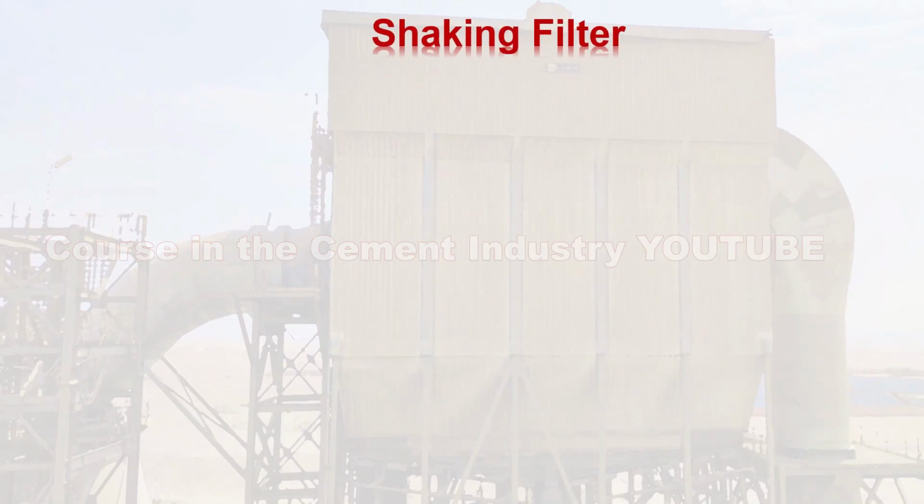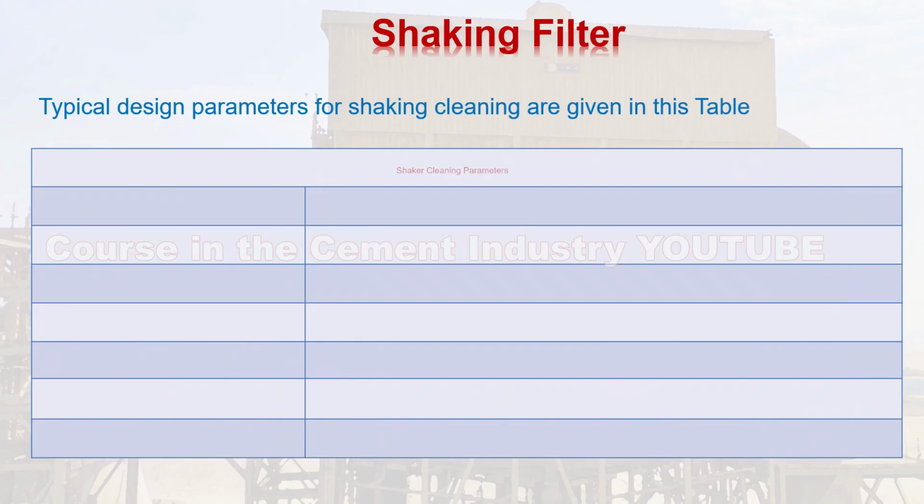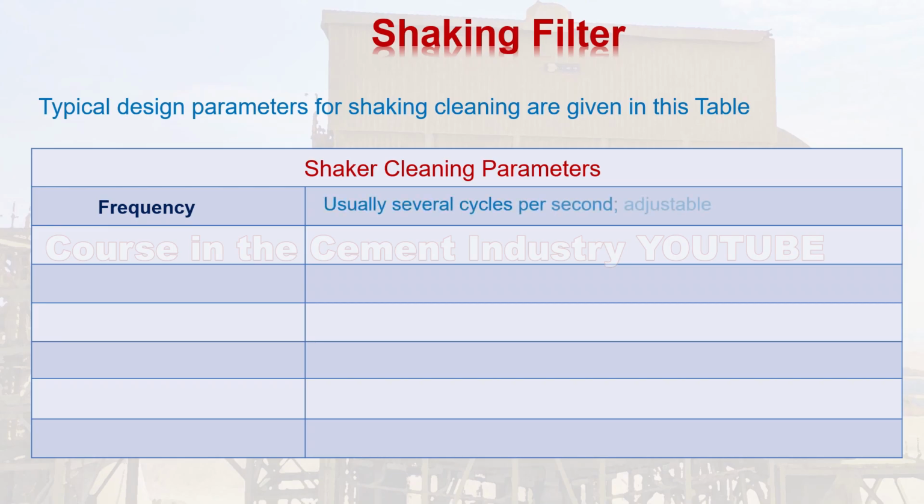Shaking filter. Typical design parameters for shaking cleaning are given in this table. Shaker cleaning parameters. Frequency: usually several cycles per second, adjustable. Motion: simple harmonic or sinusoidal. Peak acceleration: 1 to 10 g.